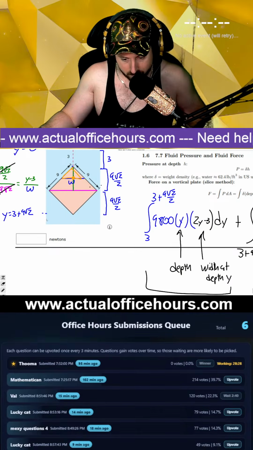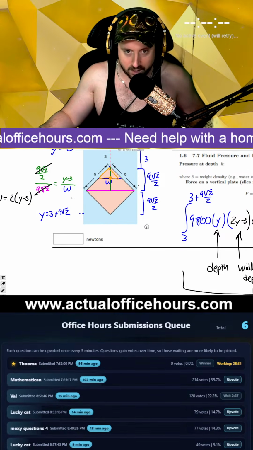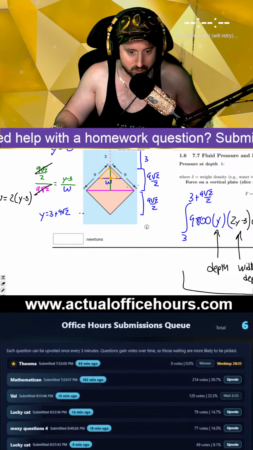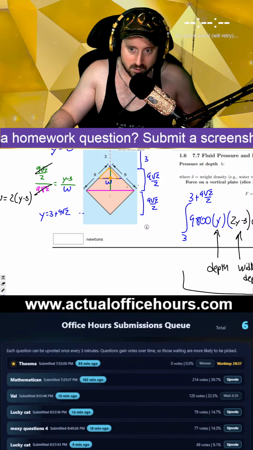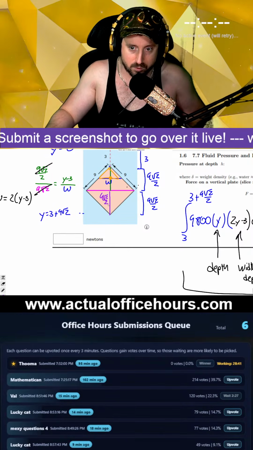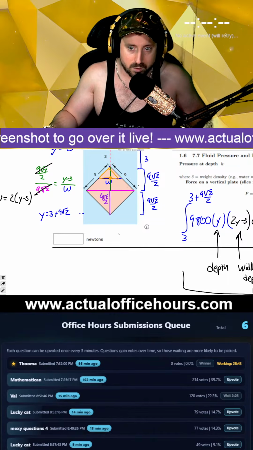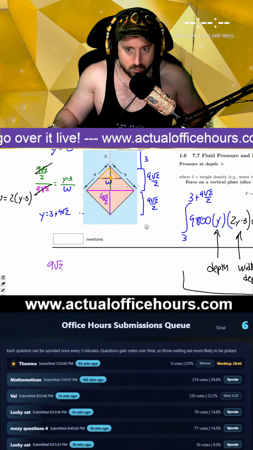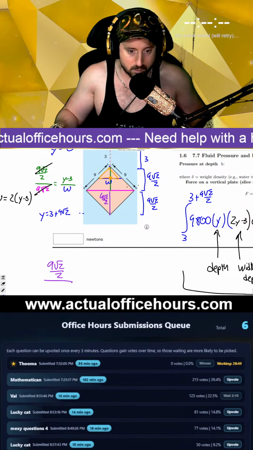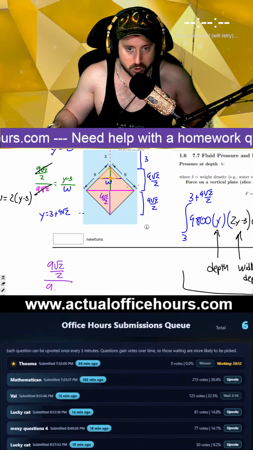So now we've got to rearrange. We've got to think about the bottom triangle, which is very similar in shape. This, again, is 9 root 2 over 2. So 9 root 2 over 2 divided by 9 root 2 is the full triangle.